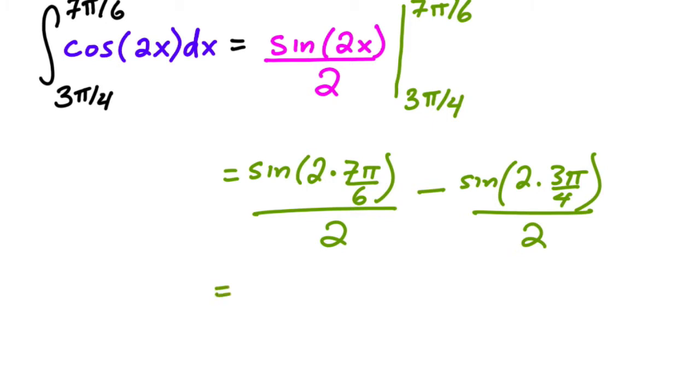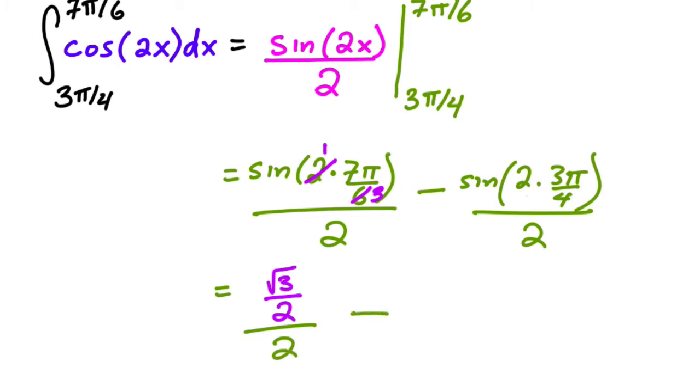Okay, now here the 2 and the 6 reduce to 1 and 3. So this is really sine of 7 pi over 3, which from your unit circle is going to be root 3 over 2. And this is still all over 2.